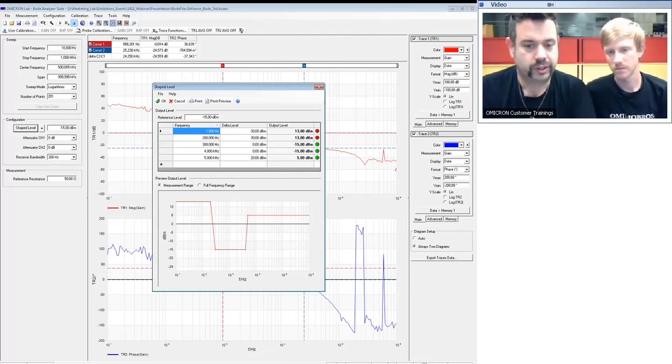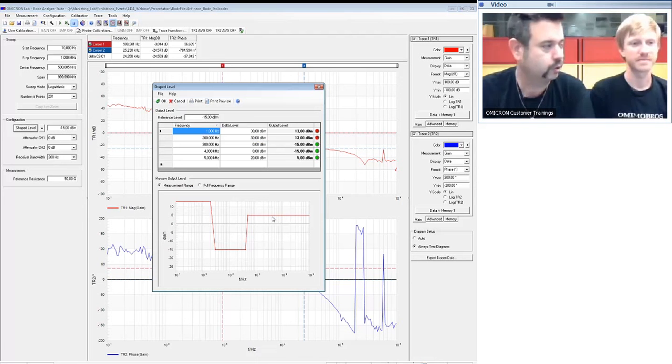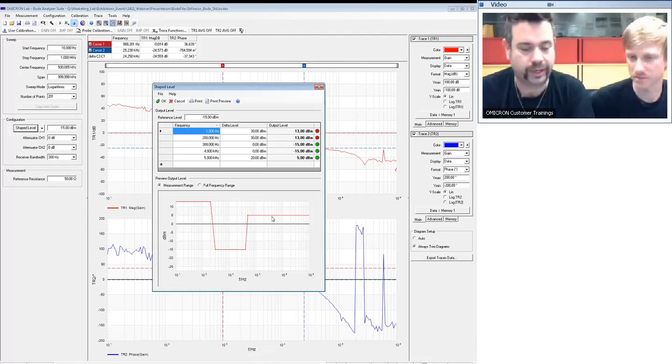Here you can see, to remove the noise, I went to the maximum output level up to a frequency of roughly 200 kilohertz. Then I dropped the level to minus 15 dBm, which was the perfect level for the phase margin. After that, I had to increase the level to about 5 dBm to measure the correct amplitude, the correct gain margin. So this is something to be considered.